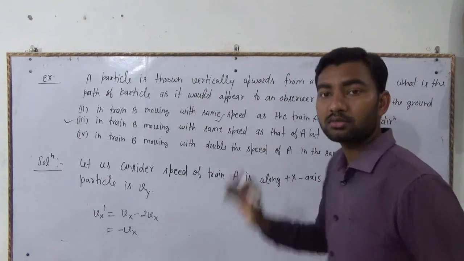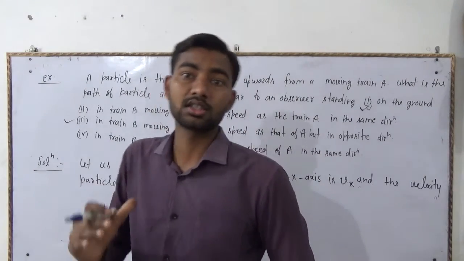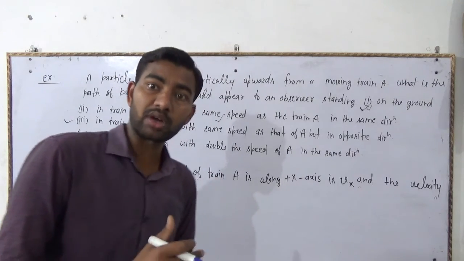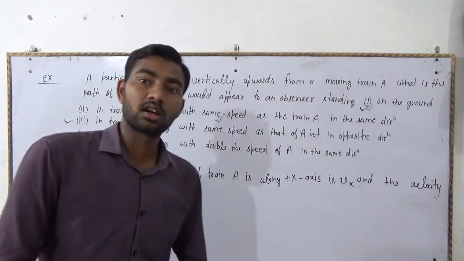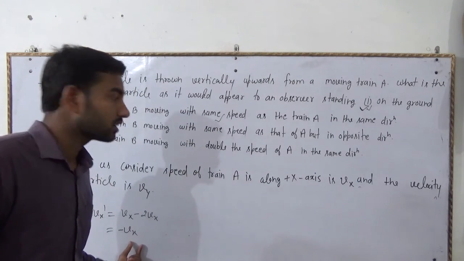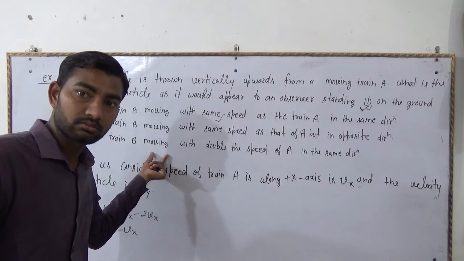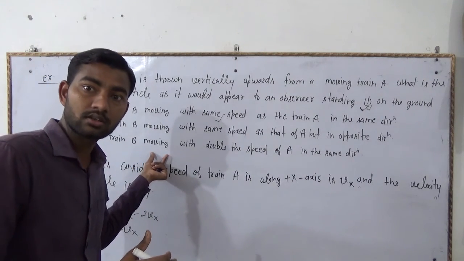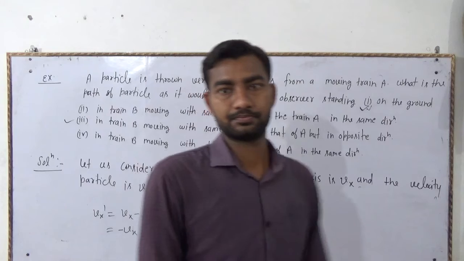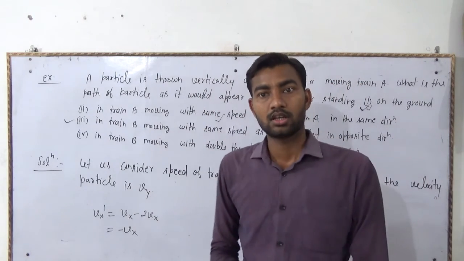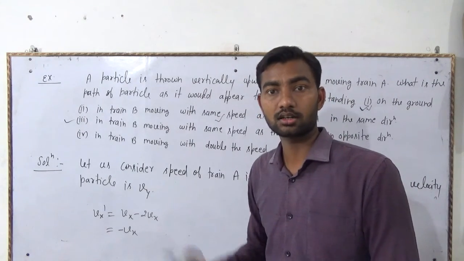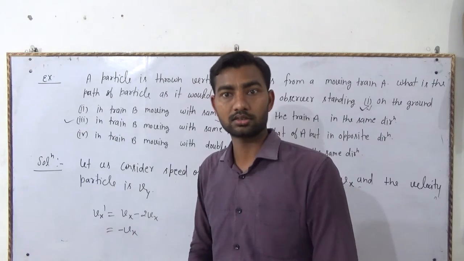In the first condition we found the path of the particle is parabolic. In this fourth condition also we will get the path of the particle as a parabola, but the direction will be negative. So this will be the result of the fourth condition.